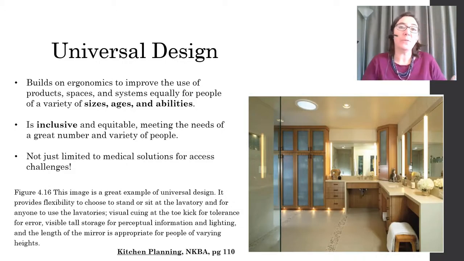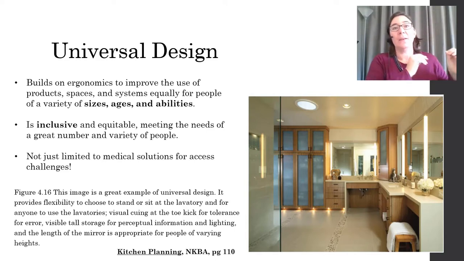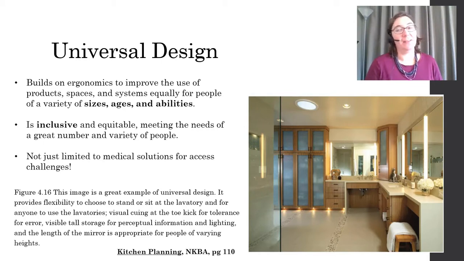So now we move into universal design. Universal design builds on those ergonometric data that we just collected and uses it to improve the use of products, spaces like kitchens and baths, and systems for people of all sizes, all ages, and all abilities.